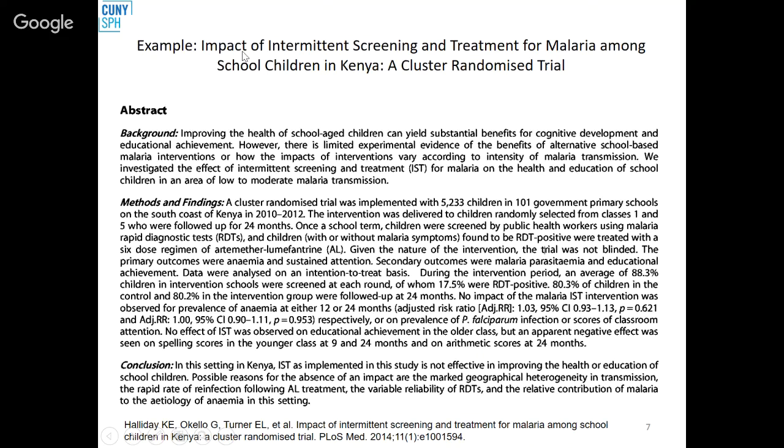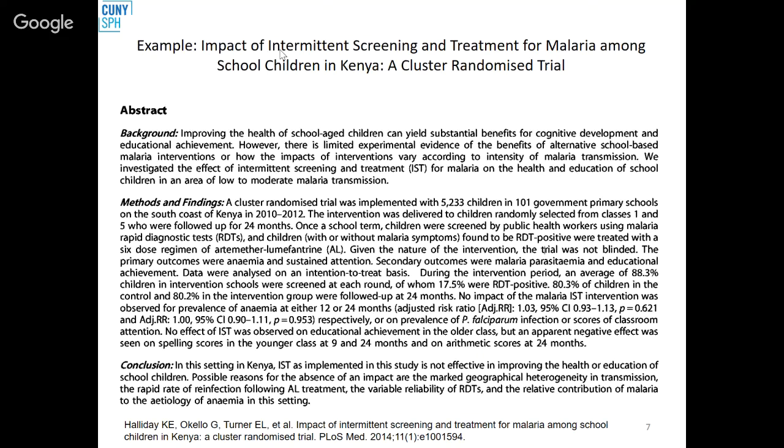And they did that because these screening programs are something that have to be implemented school-wide. You can't sort of pick 10% of the students in a school and say, we're going to screen these students and not the other ones.